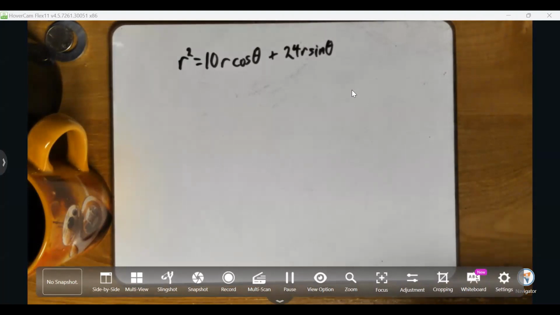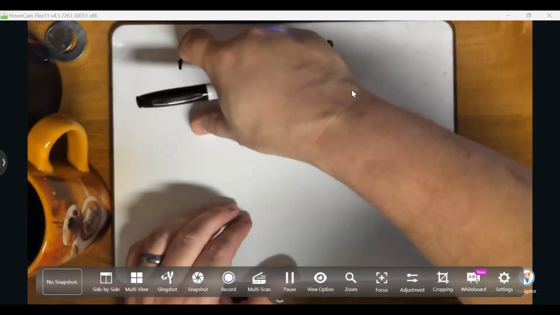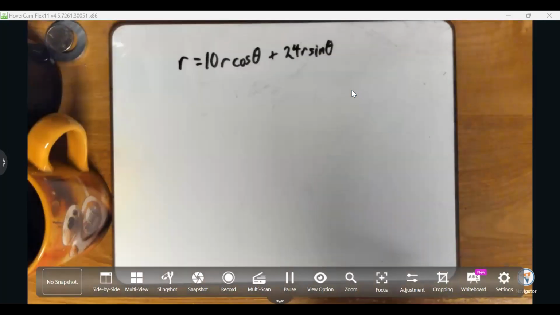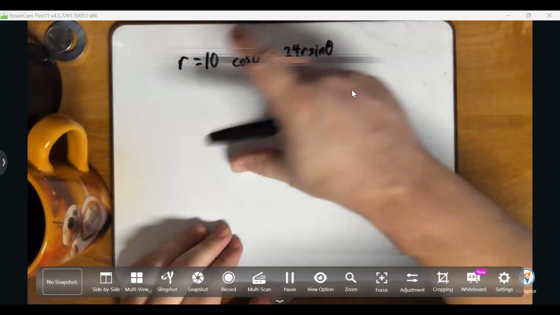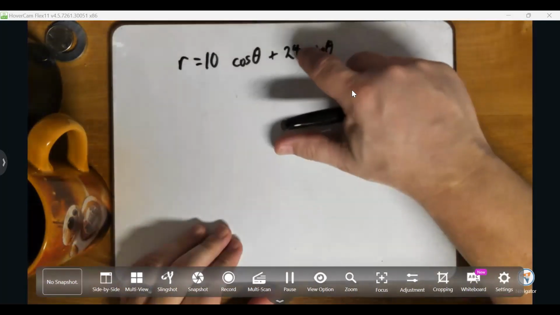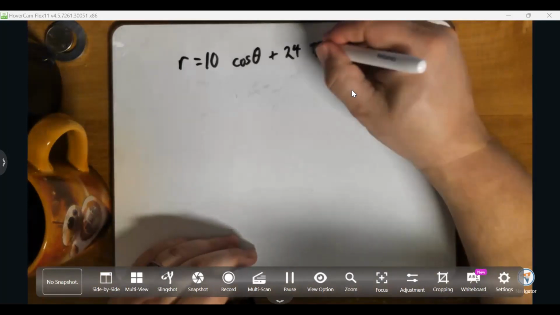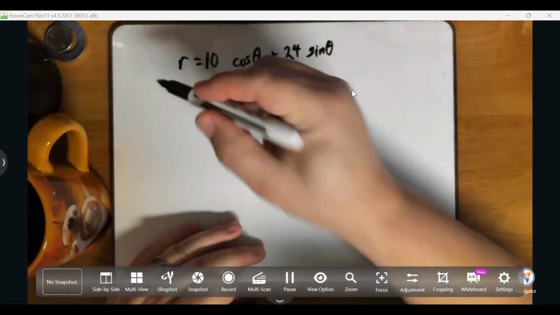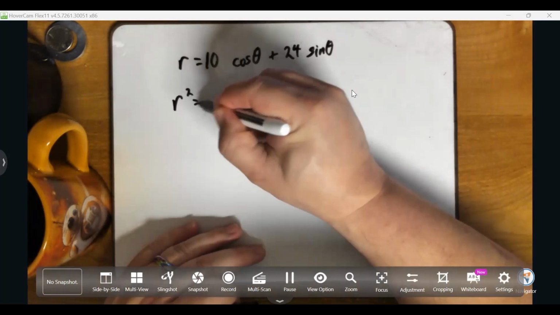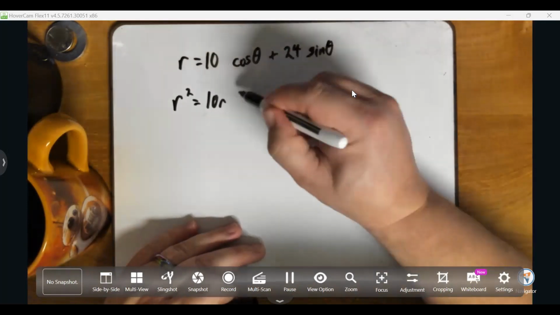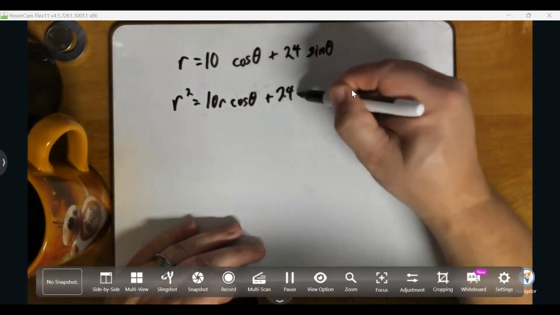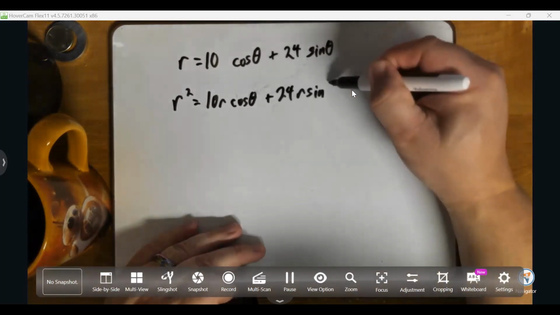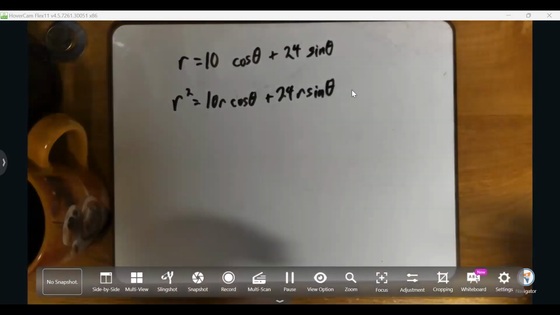Oh, I put the wrong thing. All right, so we have r equals 10 cosine theta plus 24 sine theta. We're going to multiply both sides by r to get r squared equals 10 r cos theta plus 24 r sine theta.